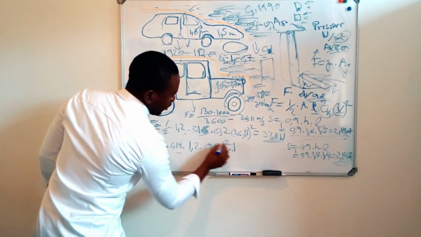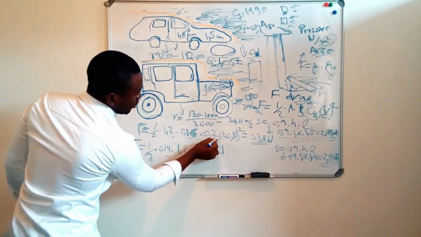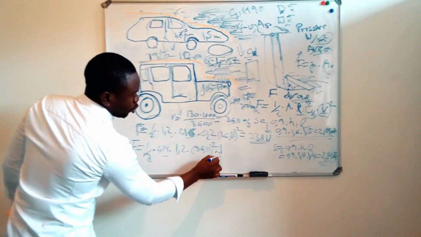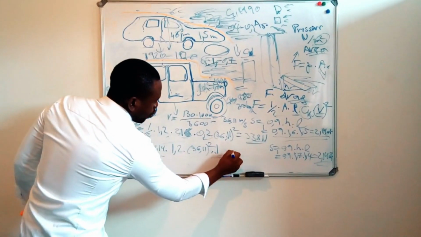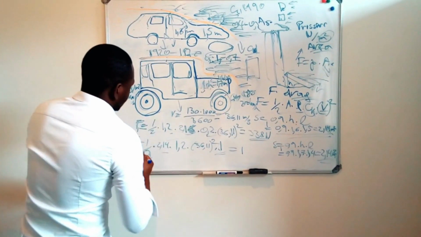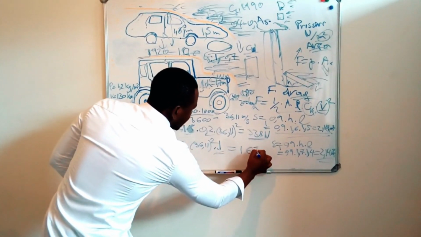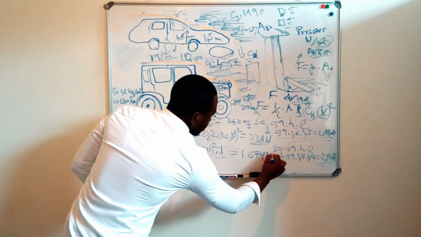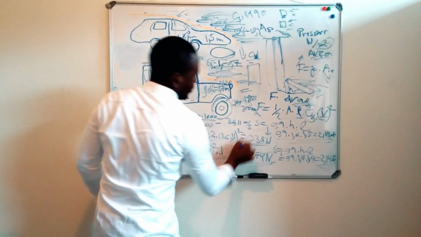In the first case it was 0.2, but in this case, it's equal to 1. So now we realize that our force is equal to 1,674 Newton. Wow, what a difference.